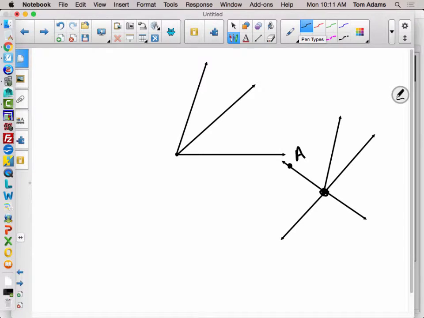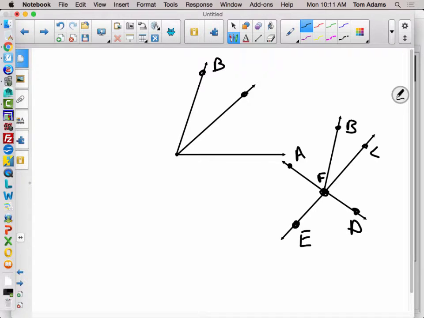So this is A, this is B, this is C, this is point F, this is point D, and this is point E. And what the textbook is reminding us, they're trying to let us know something.